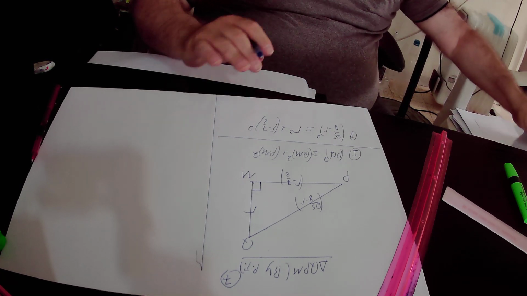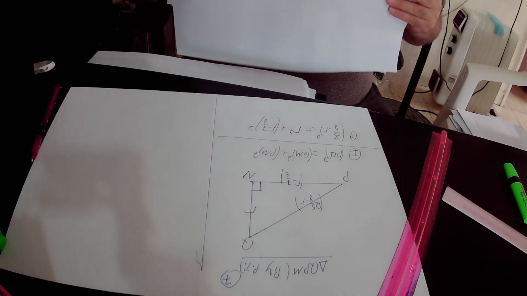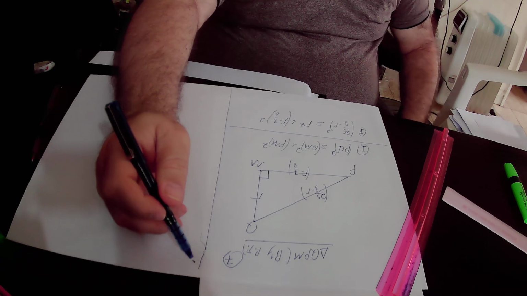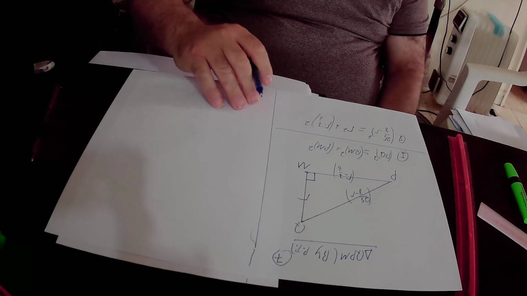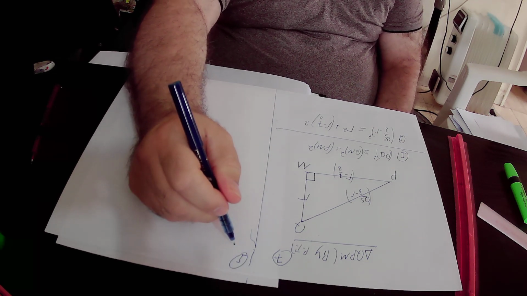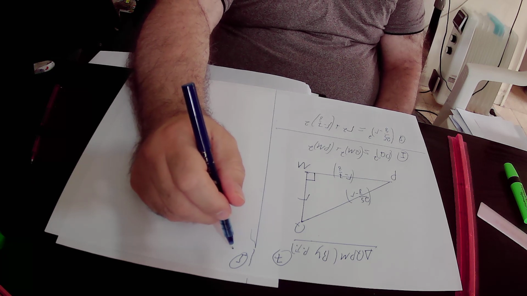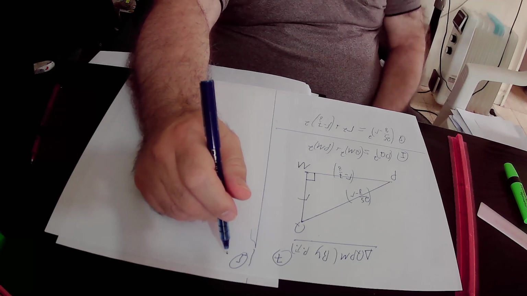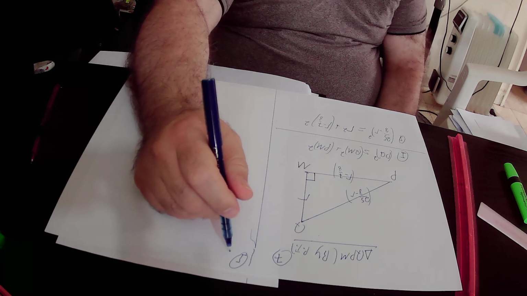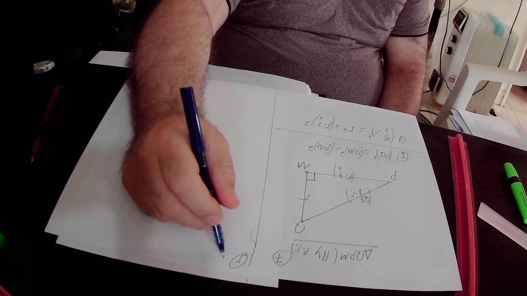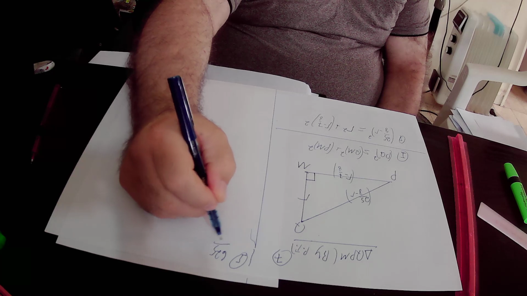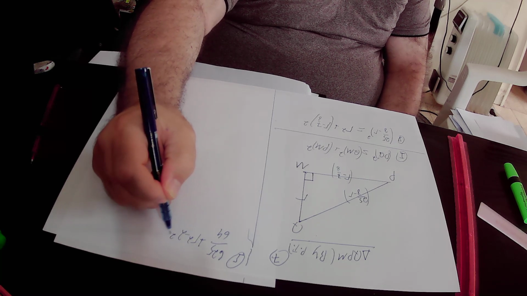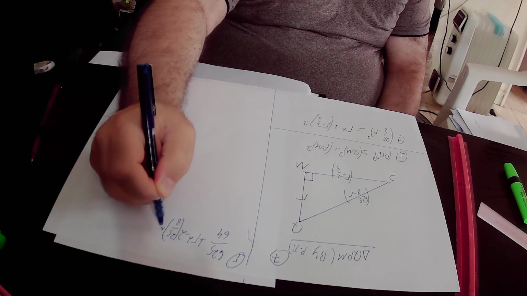So here we will open the brackets on both sides of equation number 1, and we will get that according to equation number 1, (25 over 8 minus r) squared is equal to, according to the algebraic identity that (a minus b) squared equals a squared plus b squared minus 2ab, 25 over 8 squared, that is 25 squared is 625 over 8 squared is 64, plus r squared minus 2 times 25 over 8 times r.